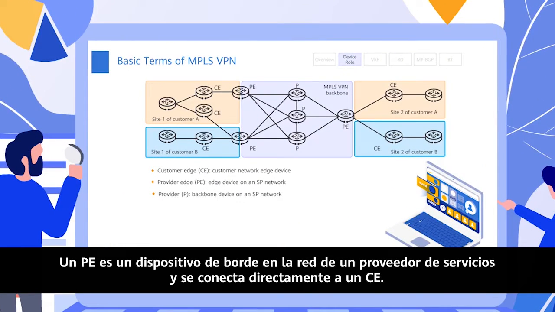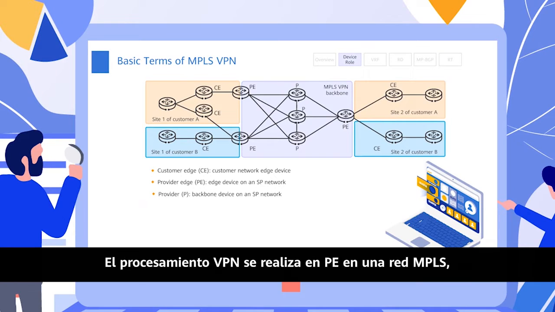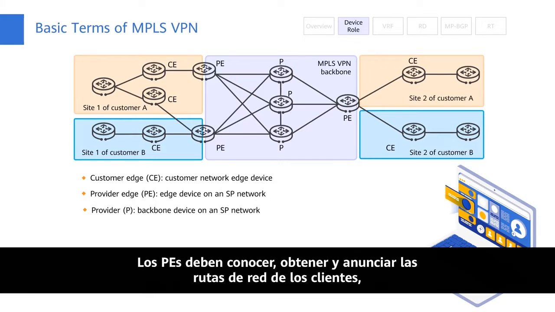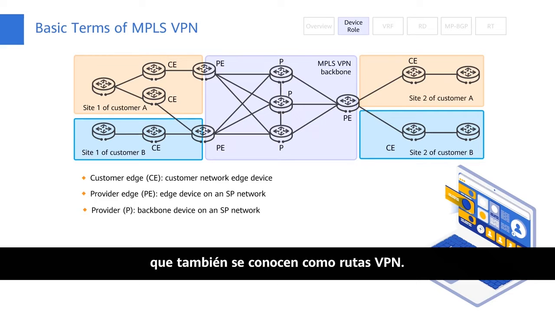A PE is an edge device on a service provider network and directly connects to a CE. VPN processing is performed on PEs on an MPLS network, and this poses high requirements on PE performance. PEs need to be aware of, obtain, and advertise customer network routes, which are also known as VPN routes.